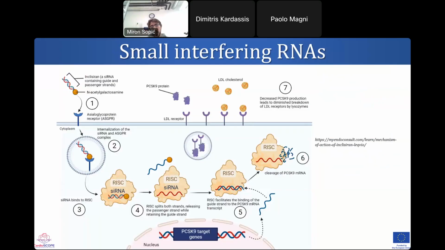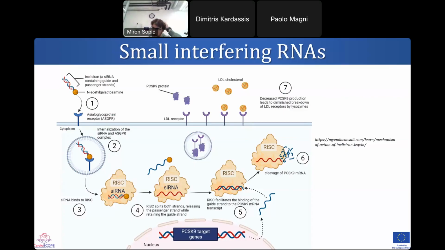One very representative example of a very successful drug is inclisiran, which is basically a small interfering RNA, and it's very important for the atherosclerosis field, because this is the siRNA that targets PCSK9, the protein that is important in the destruction of LDL receptors.